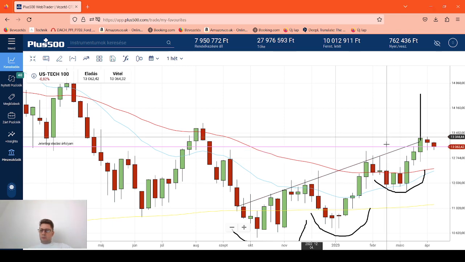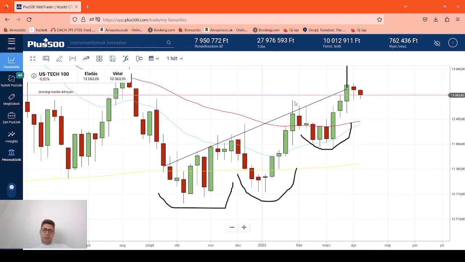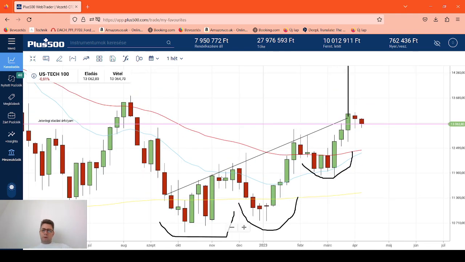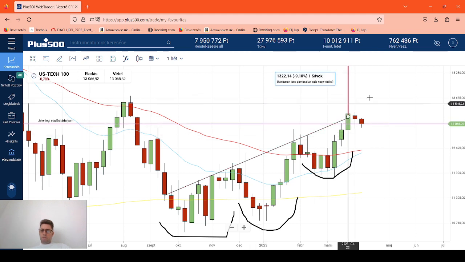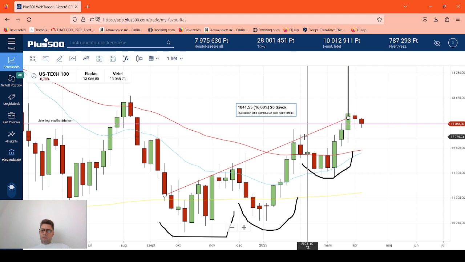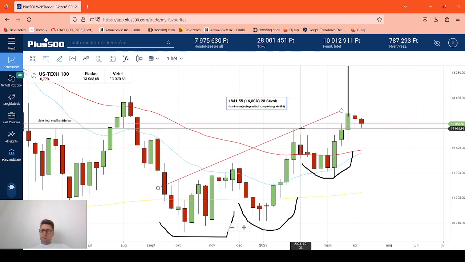Now, I'm happy because the chart has clear messages for me. We have an inverse head and shoulder pattern, as you can see, and this is a bullish pattern. And once we break above this area, let me just see what happens if I put it right there.